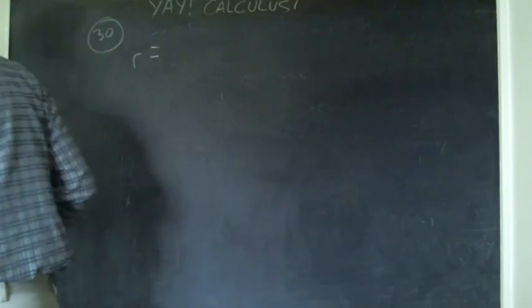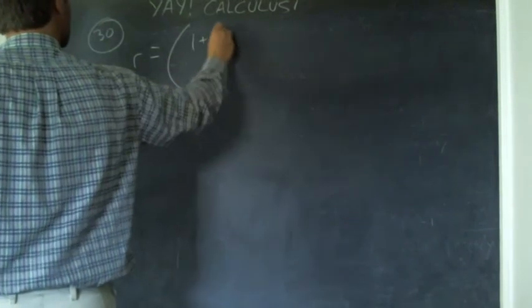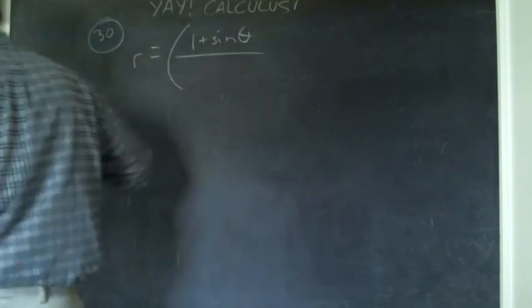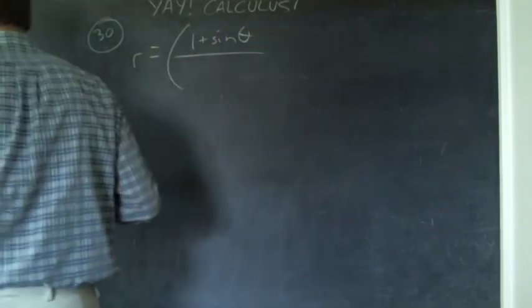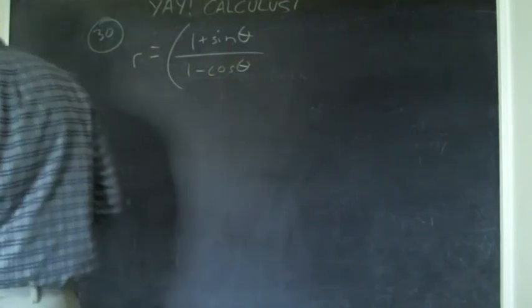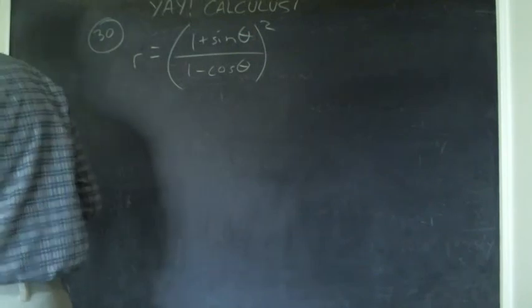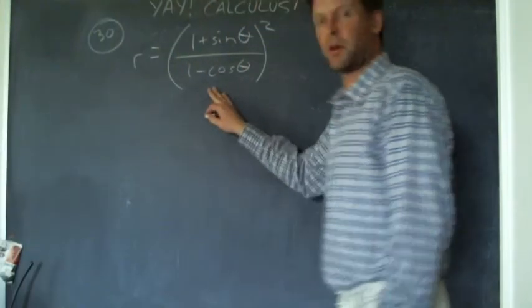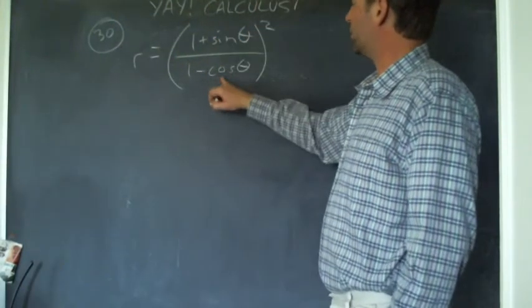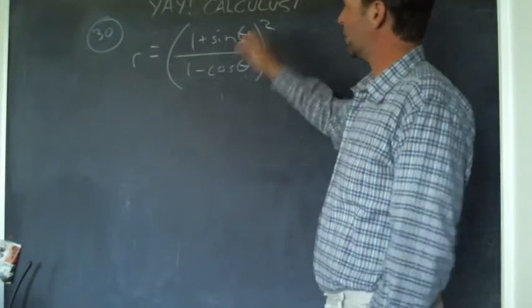r is equal to 1 plus the sine of theta over 1 minus cosine of theta, quantity squared. So there's two things at work here. We have a quotient, which we can just use quotient rule, and we have a power, so that'll be power chain rule.